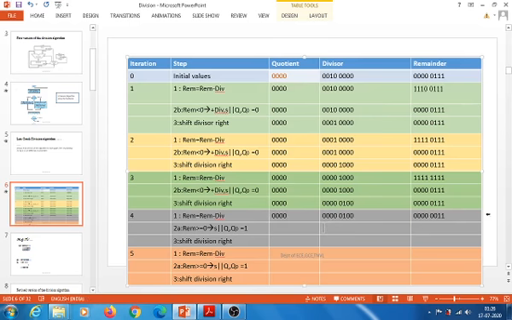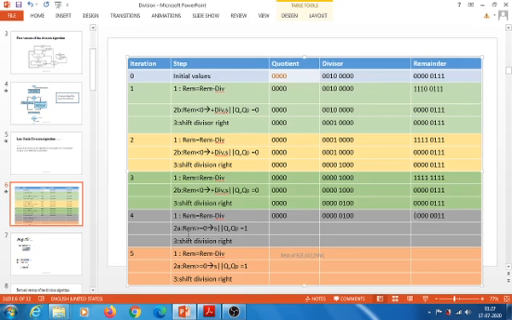Now I want to compare whether this is greater than or equal to 0 or less than 0. This is greater than 0 because the most significant bit is 0 here, and this is positive. So if it is positive, then I must go for operation 2a.